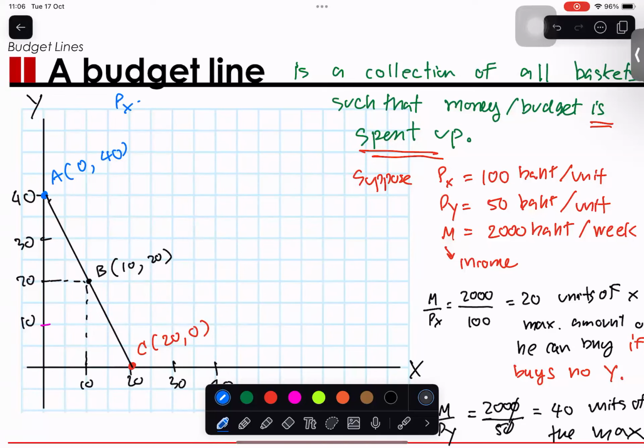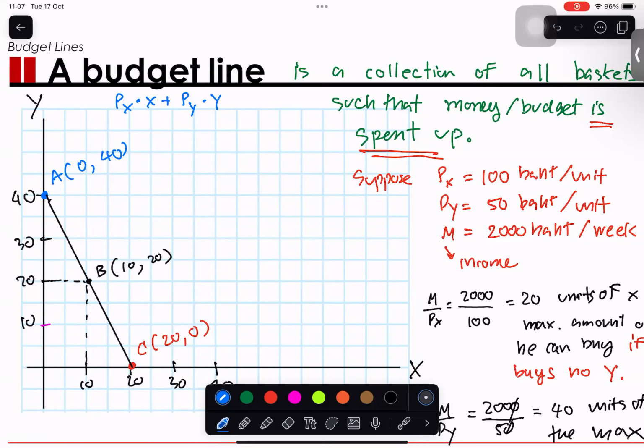Expenditure is this plus this: price of pizza, PX, times X, the amount of pizza that he wants to buy, plus price of Pepsi, good Y, PY, times the amount of Pepsi that he purchased. So these two components, expenditure on pizza plus expenditure on Pepsi, sum up to total expenditure.